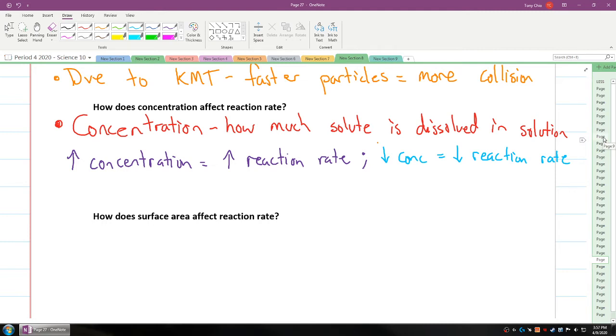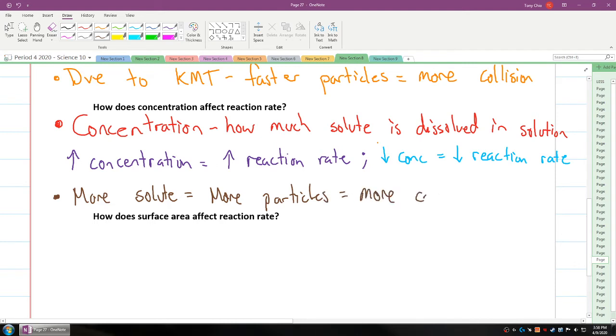If you have higher concentration, you have more particles. More particles means more collisions. You could think of it as a very busy street with lots of cars, where there's a bigger chance of those cars colliding versus if there's just one car on the road. So more solute equals more particles, which equals more collisions.